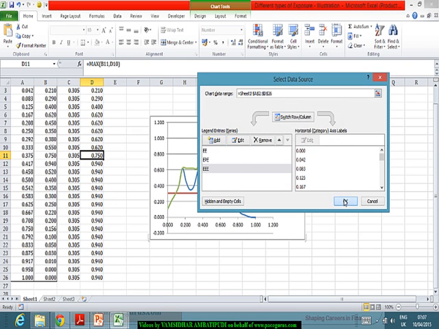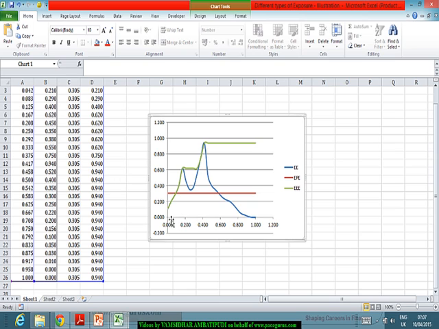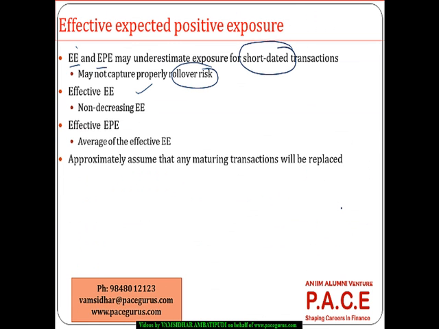I see that there is a kind of stepwise pattern. Up to here it was increasing. After that it was flat. Again it increased. Again it became flat. So this is the non-decreasing portion of the expected exposure.